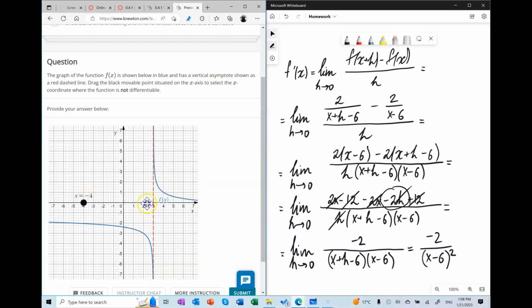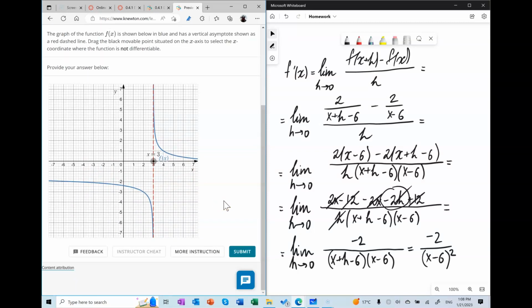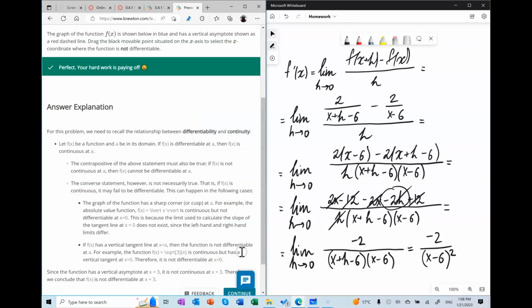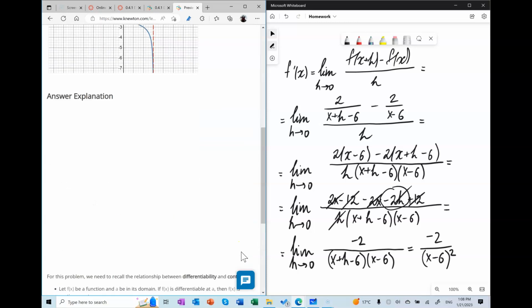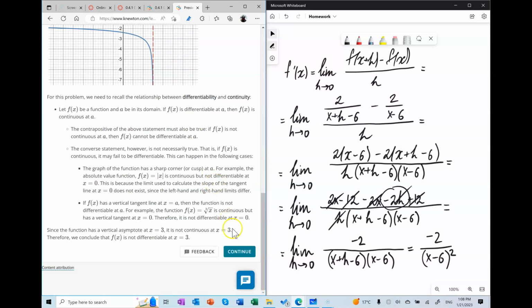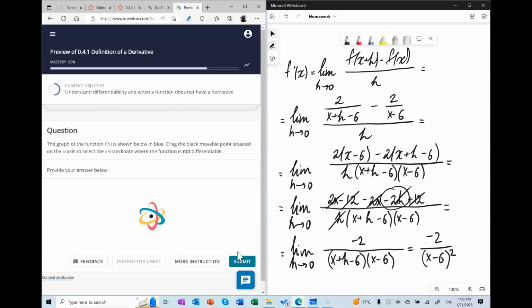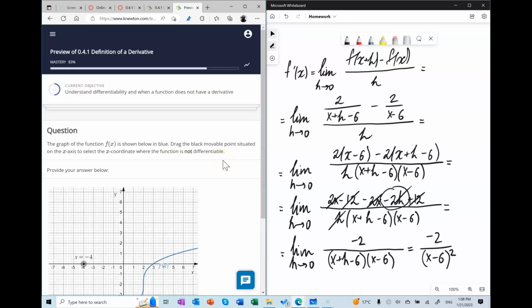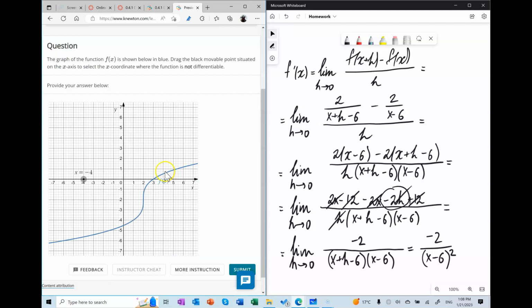The previous one was an example of a cusp where the tangent line doesn't exist. This is an example of a vertical tangent line, so the derivative does not exist. And not even that, in this case the function is not even defined at this value. So there are multiple issues here that result in us not being able to define the derivative.